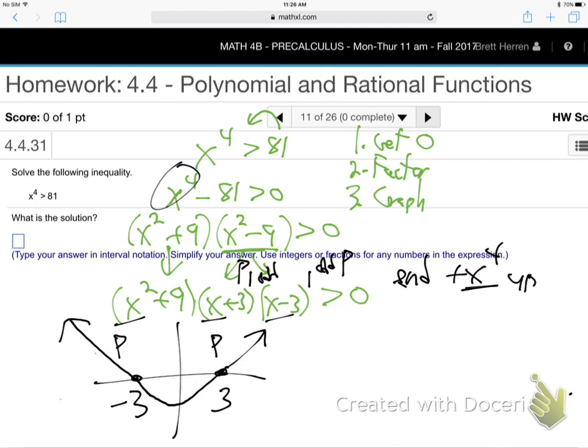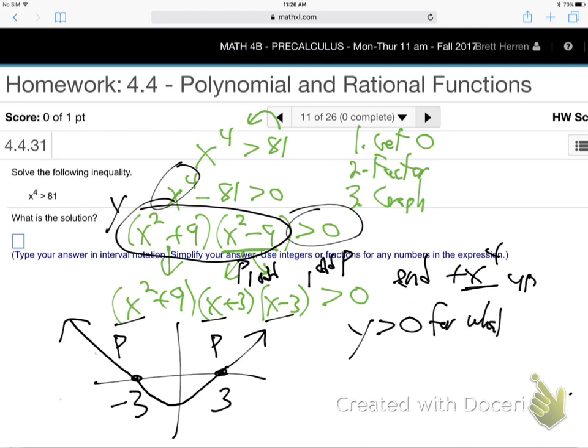Now can you answer the final question? They want to know, where is that thing greater than 0? They mean y values. They're saying, where are the heights? All of this is the function, it's the y, really. Y is greater than 0 for what x's? That's what they're really asking. If you're a little person walking back and forth on the x-axis, where would you see the graph above?